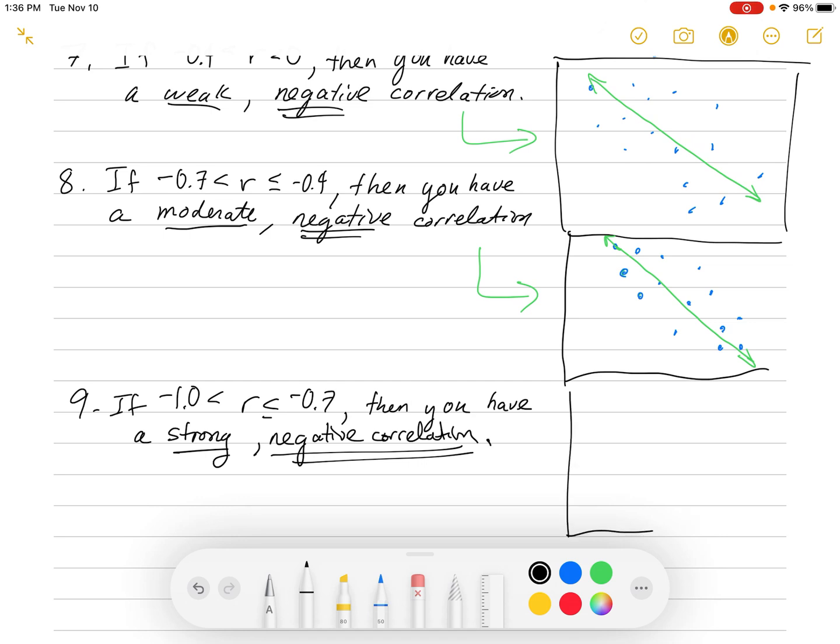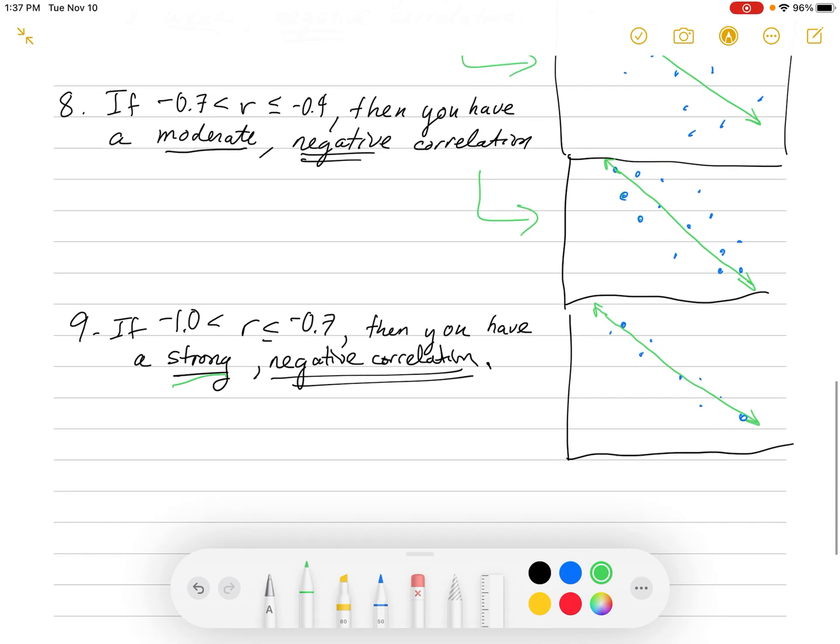Okay, so if I draw a little window here and I have some points, and we try to interpolate those points with a line, you're going to notice that the points hug that line pretty closely. So that means you have a strong correlation. And negative means that as you proceed from left to right, the line is decreasing.